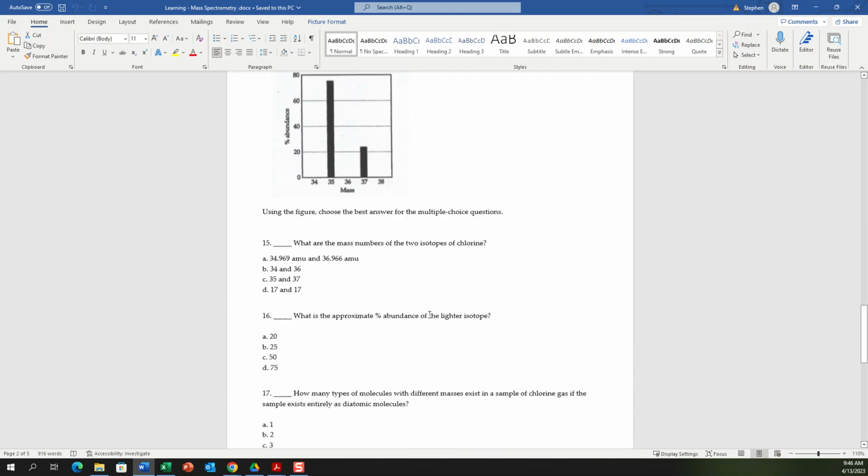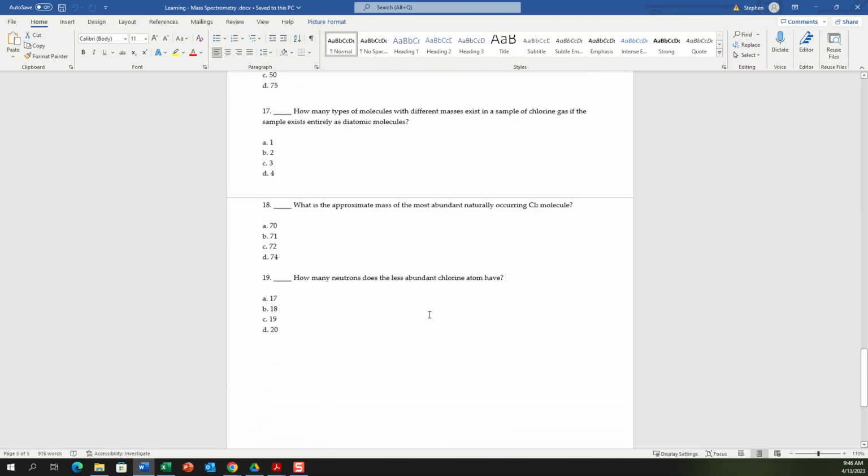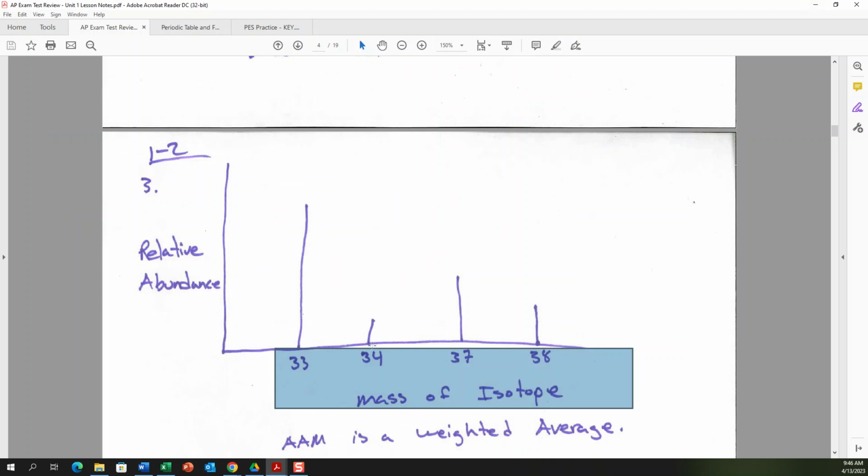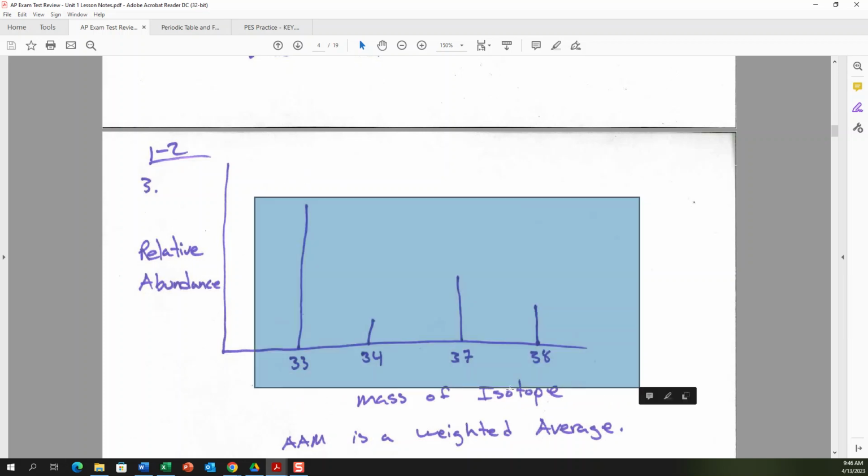So mass spec just tells you the different masses of the isotopes and their percent abundance, essentially. And so here I know that the isotope 33 is the highest percentage abundance, 34 is the lowest.